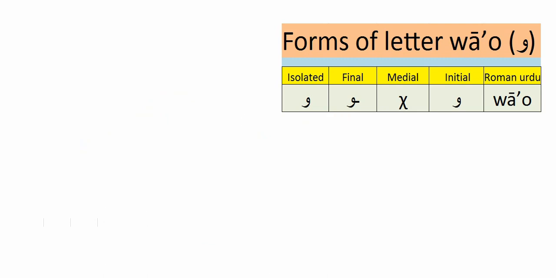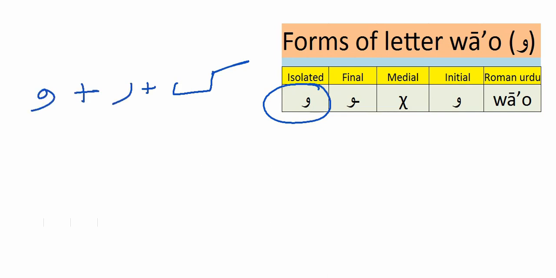So then isolated Waw we can also use. So for example, the word is karo. Karo means do. Kaf letter plus Re letter plus Waw letter. If we connect these three letters, we will get the word karo.